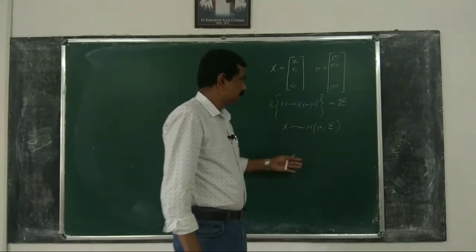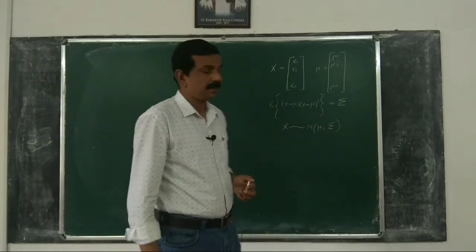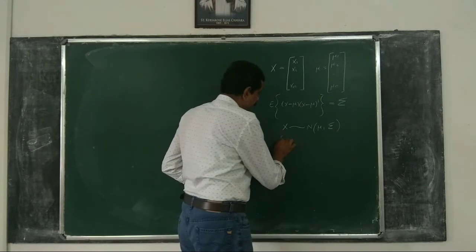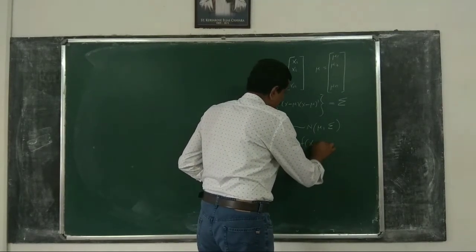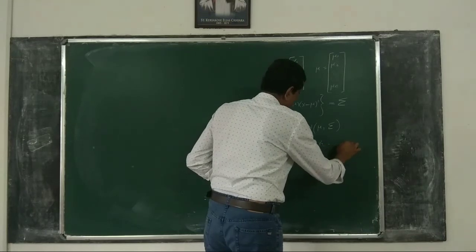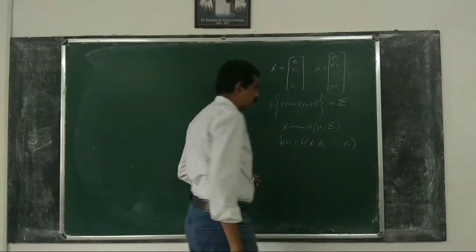That is, the joint PDF f of x is equal to f of x1, x2, etc., xn.